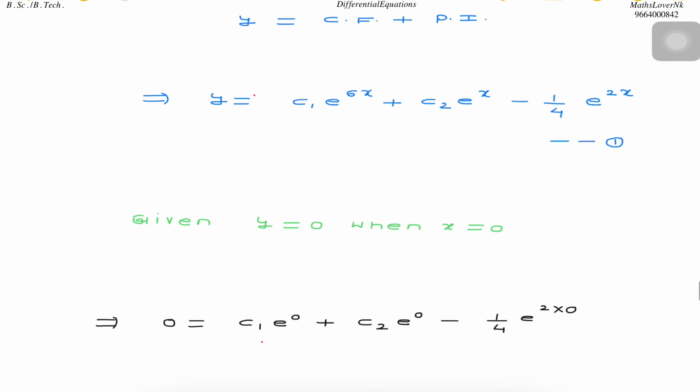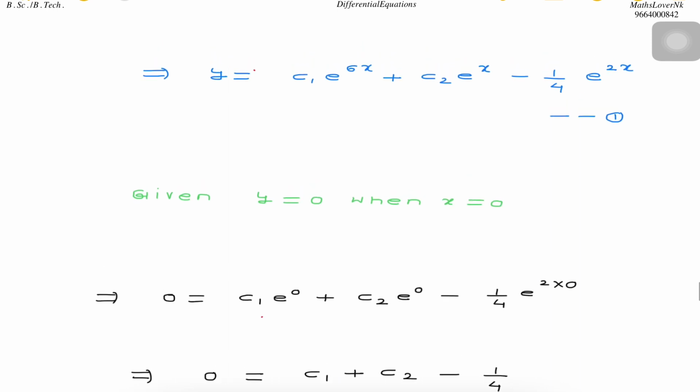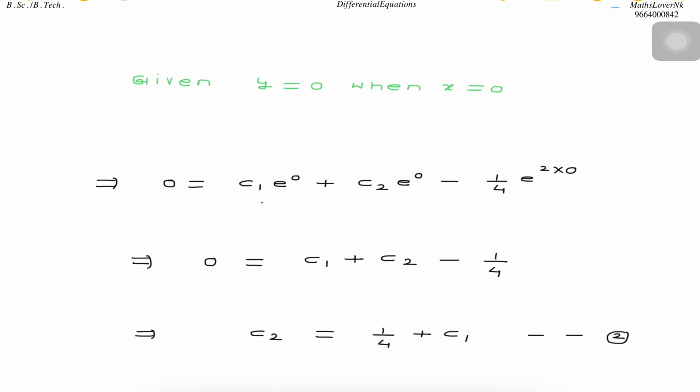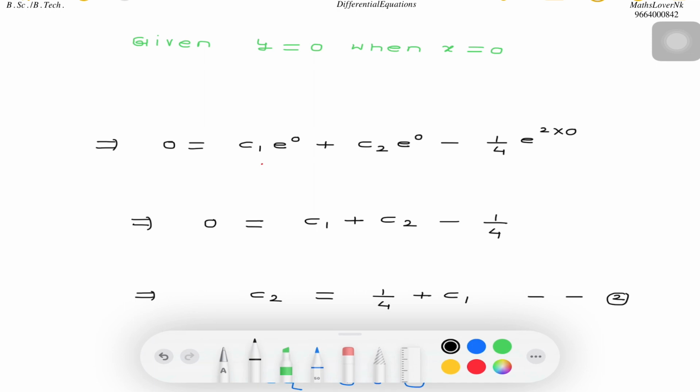Given that y is equal to 0 when x is equal to 0, we get 0 is equal to C1 e the power 0 plus C2 e the power 0 minus 1 upon 4 e the power 0. So 0 is equal to C1 plus C2 minus 1 upon 4. So now C2 is equal to, sorry, this is wrong. C2 is equal to 1 upon 4 minus C1.